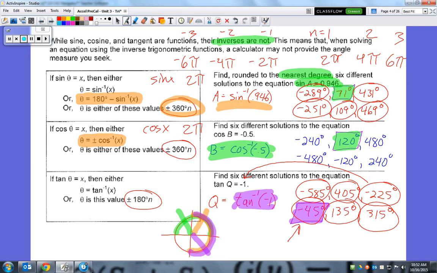Okay? So real quick, now's a good time to state that inverse sine of x is the same as arc sine of x, is the same as writing it in this notation. But if I say, what is the inverse of sine of x?